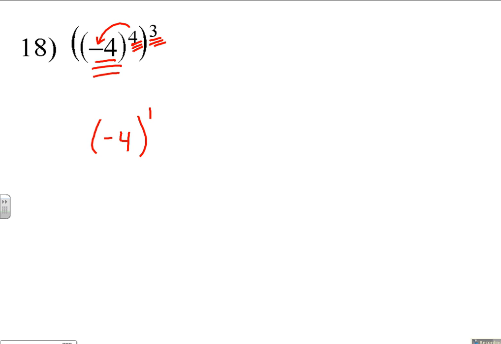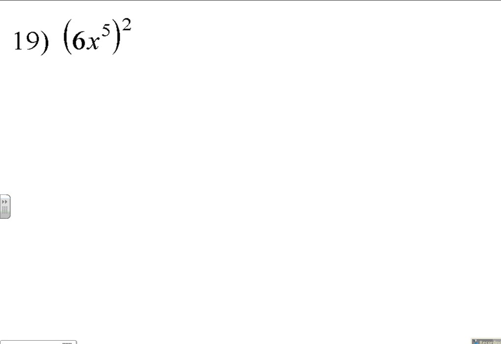So 3 groups of 4 is 12. How many negatives does this problem really have? 12 negatives. As lazy as this exponent wants to be, it's told it has to handle the 4 and the negative. 12 negatives is a positive. 4 to the 12 groups of 1, 12. So positive.